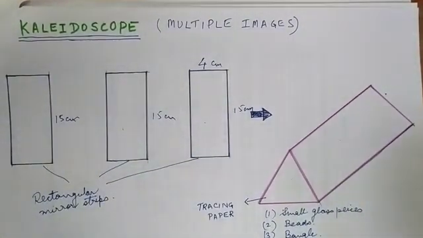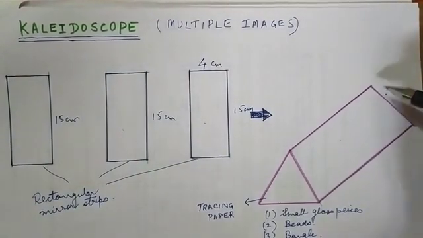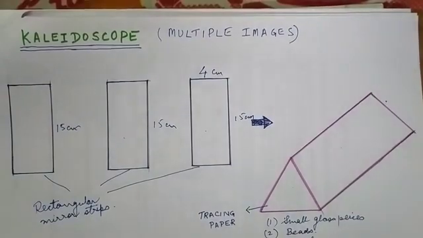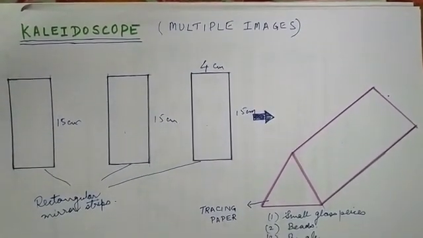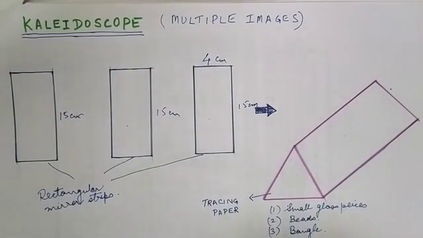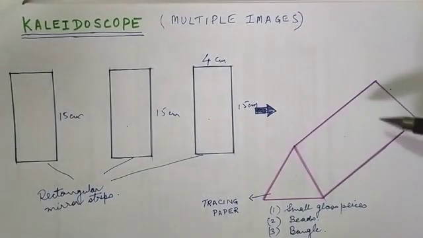After putting all these things, we can close the other end of this kaleidoscope by cutting a triangular cardboard, and we can make a small hole in that triangular cardboard so that we can look into it.